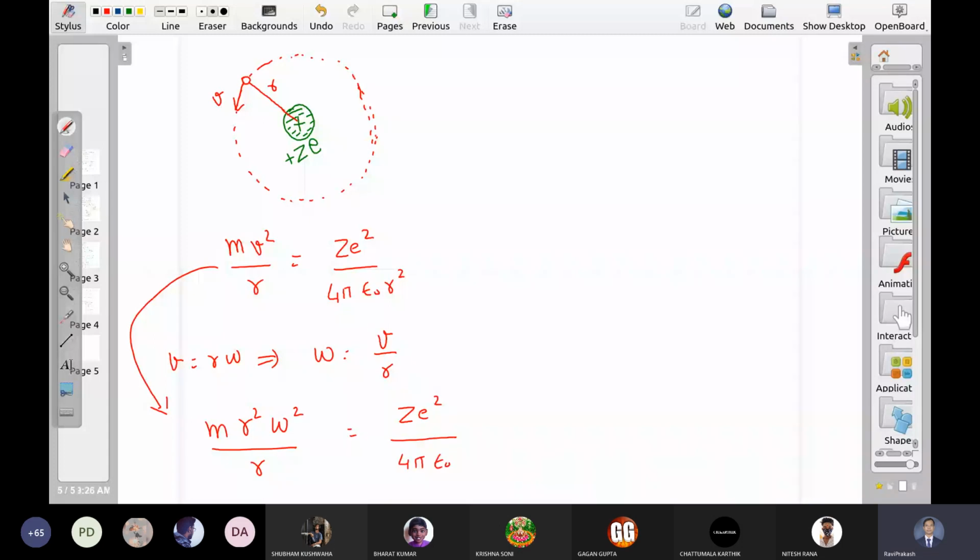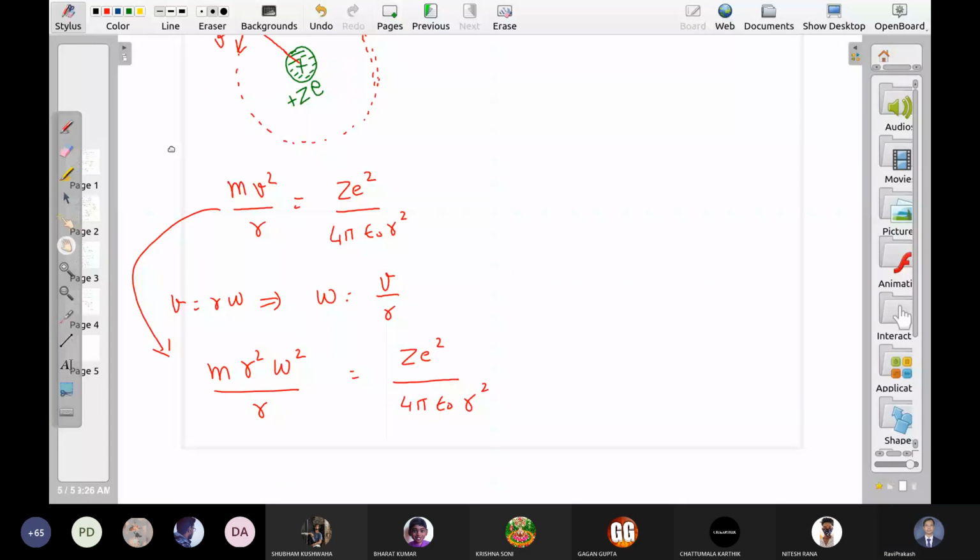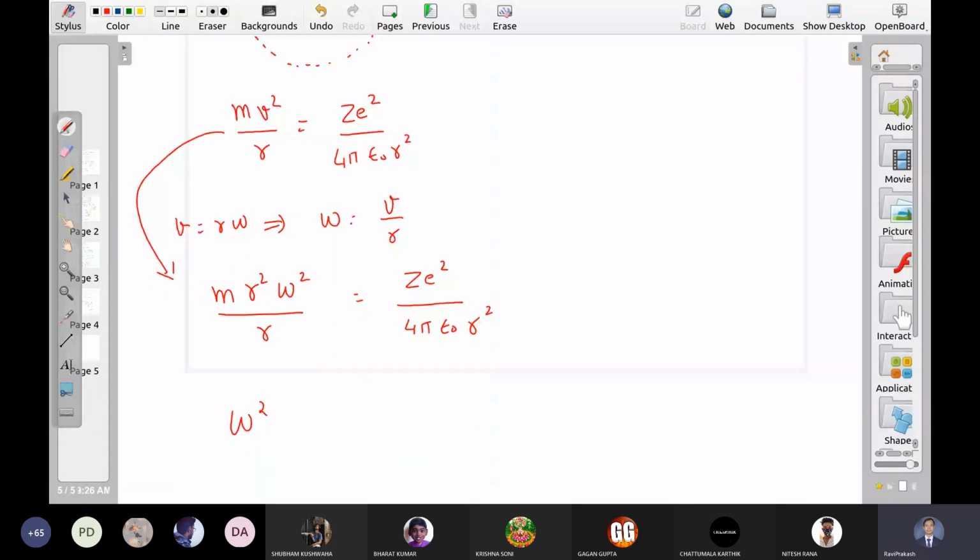So what we get from here? Let us calculate omega. So one r cancels. This r goes to this side, becomes r cube. So let me call it omega naught square.